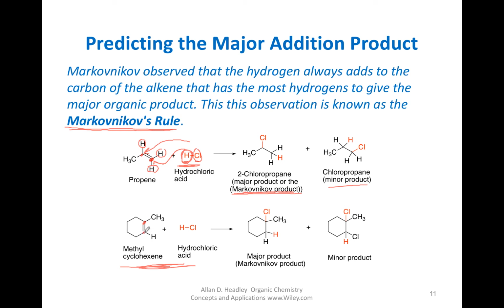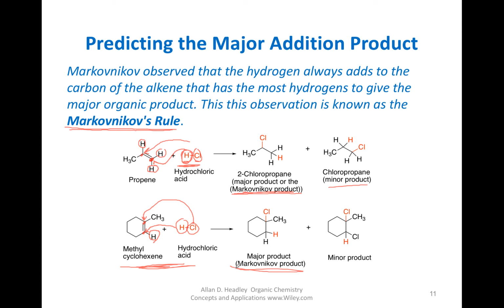Here's the other carbon of the double bond. It has 1 hydrogen bonded to it. So this hydrogen will add to this carbon, and this chlorine will add to that to give the major product, or the Markovnikov product. So you should be able to predict the major product of these reactions.